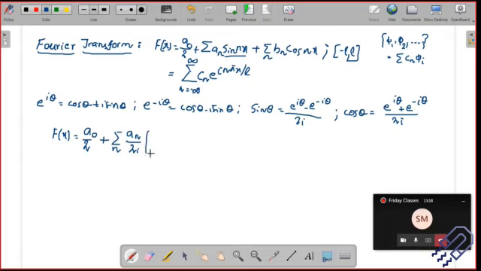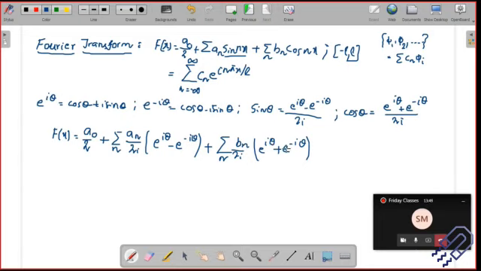Okay, and I'm going to write it in terms of theta only. Later on we can change the variable. e to the power i theta minus e to the power minus i theta, plus summation over n of b n by 2i, and then this will be e to the power i theta plus e to the power minus i theta.